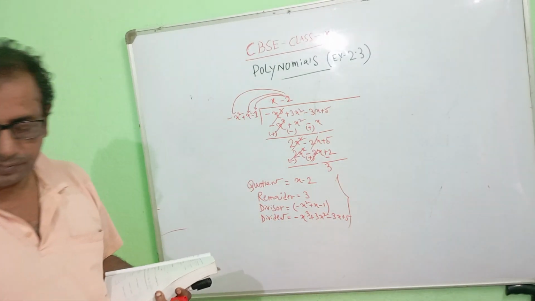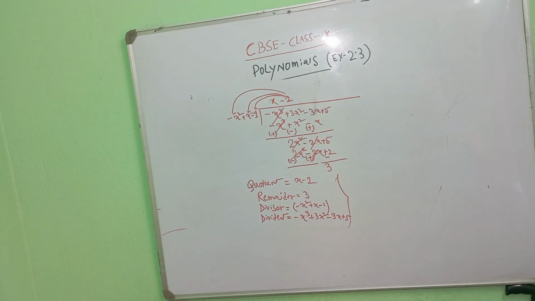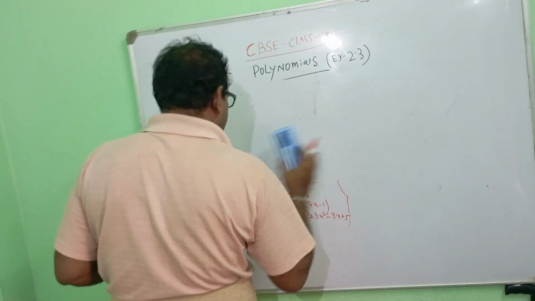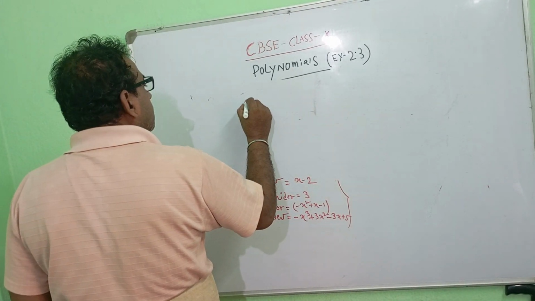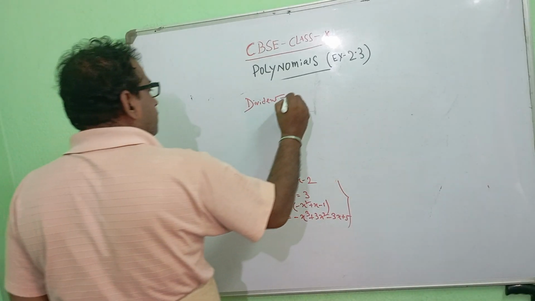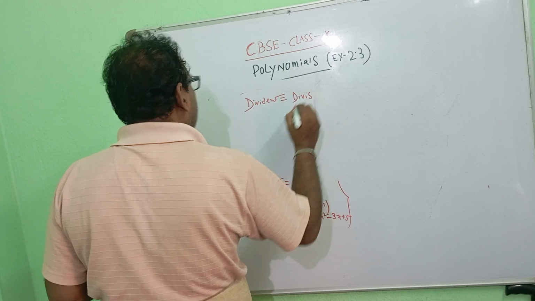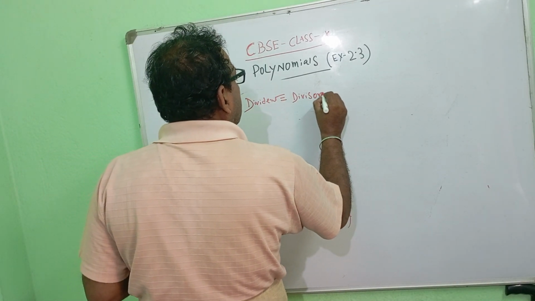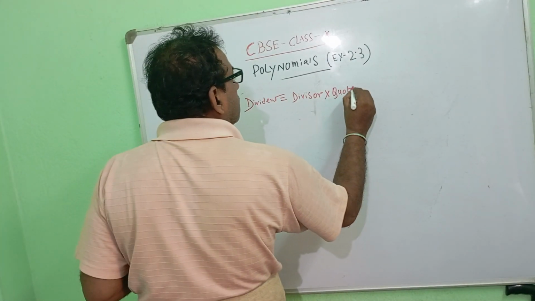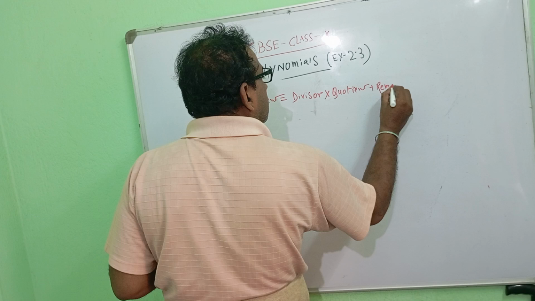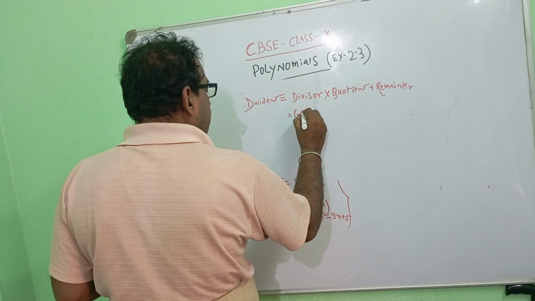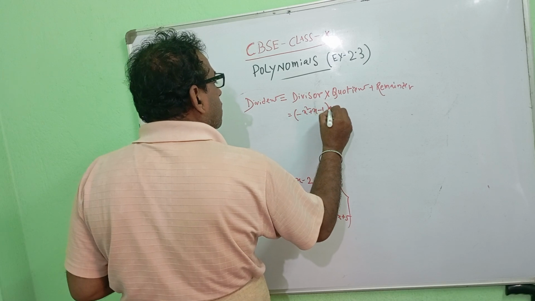Now what do we do? We know that dividend is equal to divisor into quotient plus remainder. Now what is divisor? What is quotient?